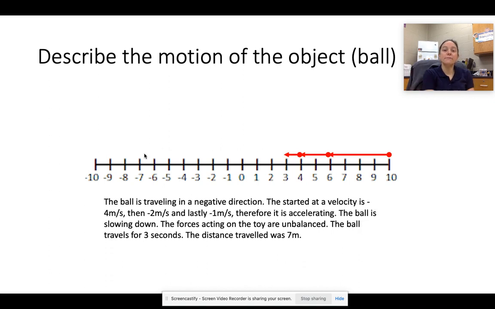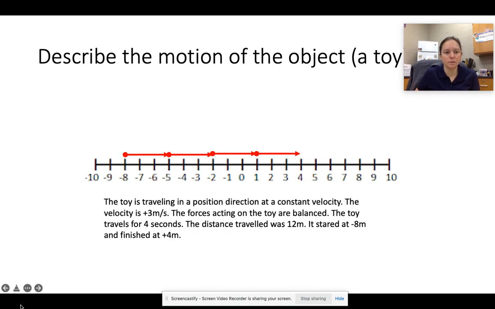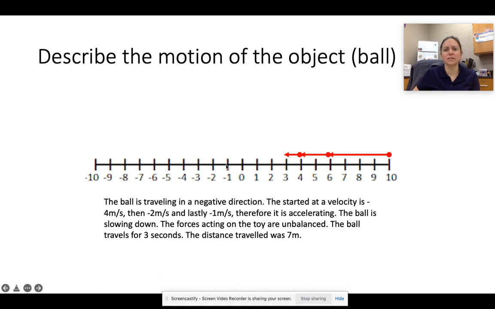Now let's look at a different example. This time, notice those vectors change lengths. That means for each second, the velocity is different. In this one, the ball is traveling in a negative direction, and it starts with a velocity of negative 4 meters per second. The next little section, it only went 2 meters, so this is a negative 2 meters.